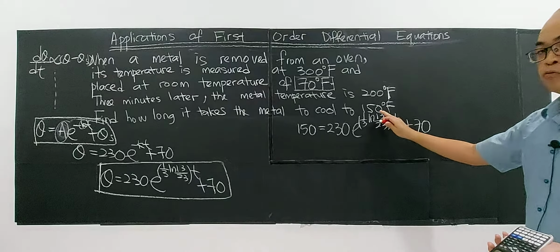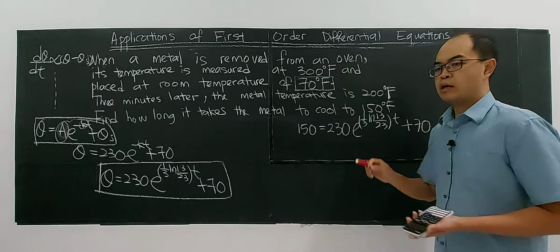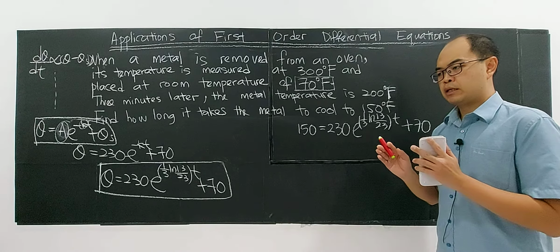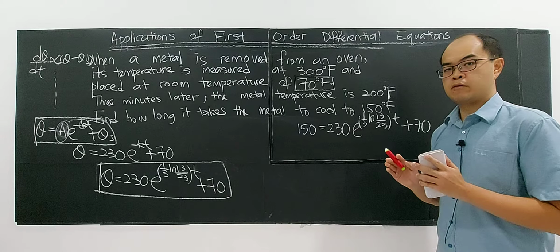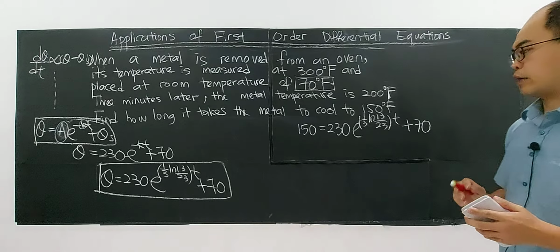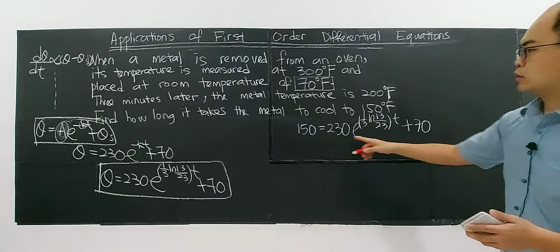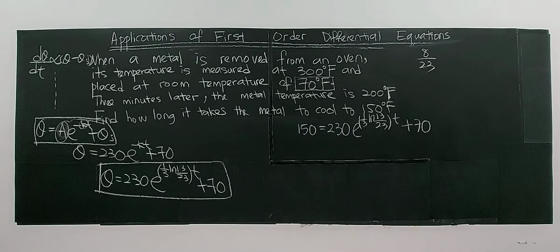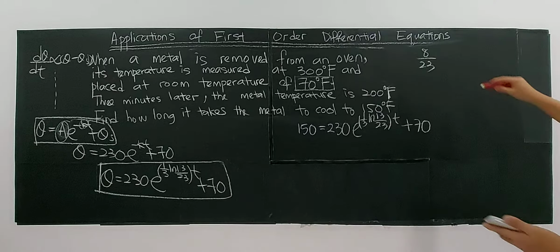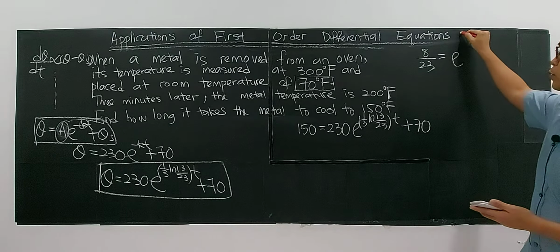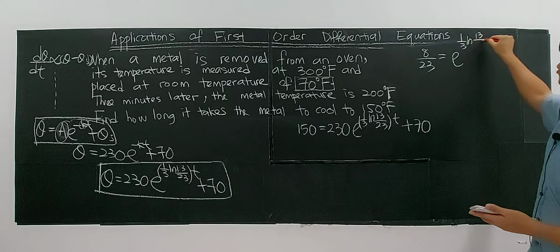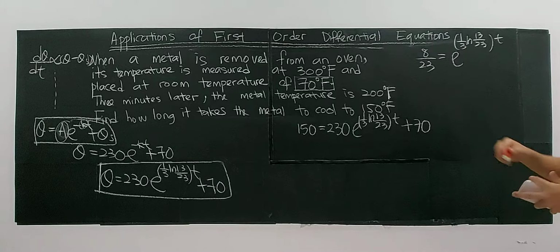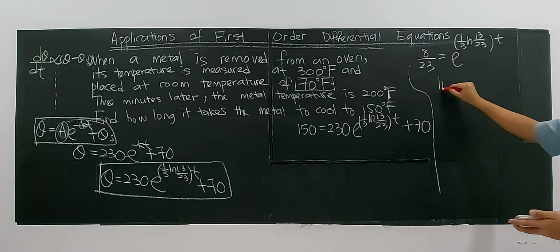I am using the exact value without converting to decimal, but it's okay to convert to decimal as long as you give enough decimal places to get a correct answer. So 8 over 23 equals exponent 1 over 3 ln 13 over 23 times t. Then you need to put ln on both sides.